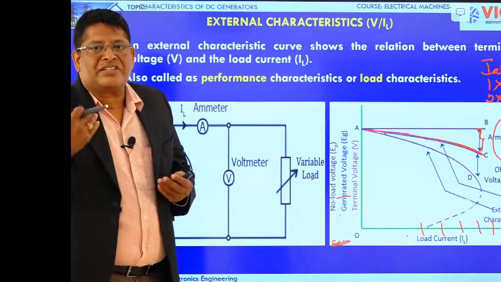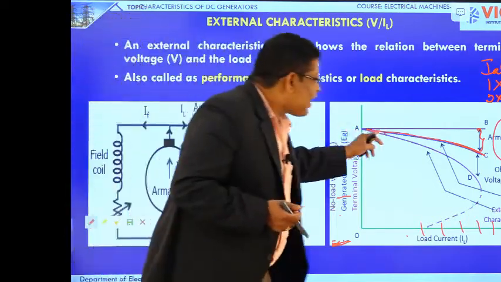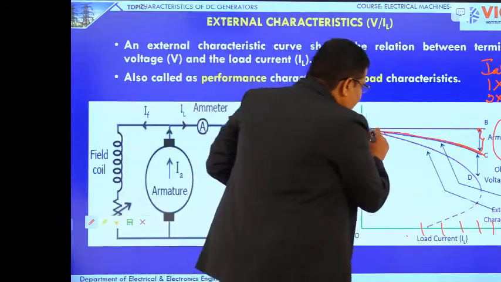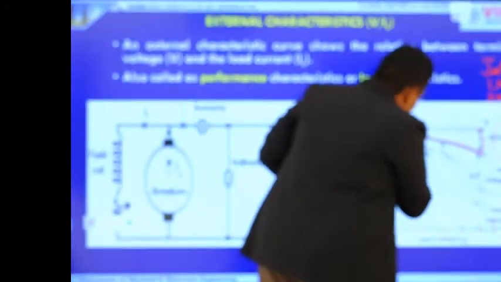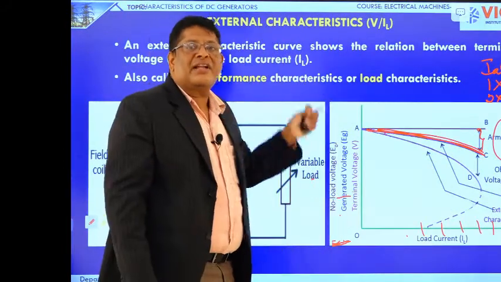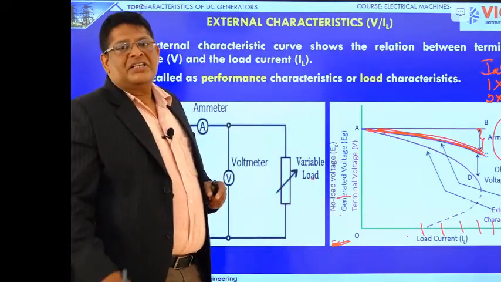We know the armature resistance drop. If we add the armature resistance drop to the external characteristics, it gives the internal characteristics of a DC generator.